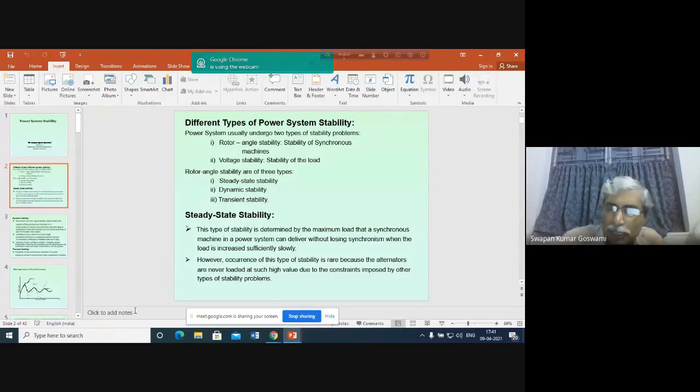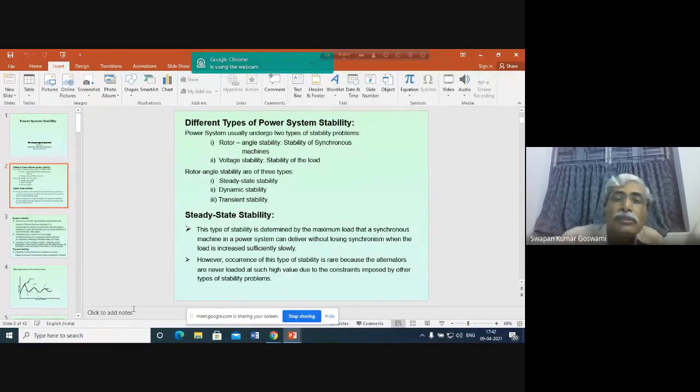So there came another type of stability, called voltage stability. So now, how can we define stability of the power system? It is the ability of the system to maintain integrated operation, rather than just synchronous operation, after a disturbance. And that disturbance may be of both kinds.